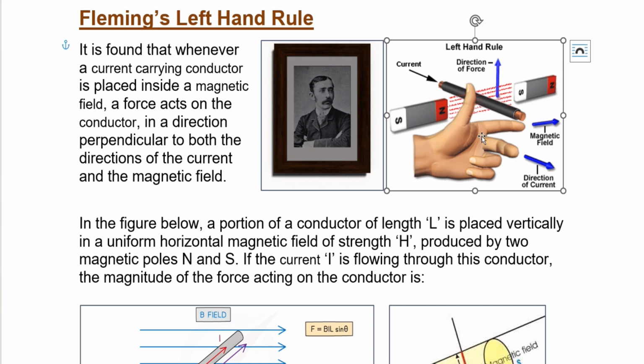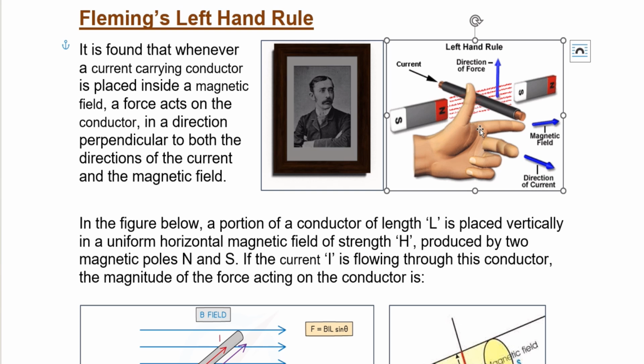Here also, this left hand rule is used to define the direction of motion of the conductor if placed in a magnetic field. If you place a current carrying conductor in the magnetic field, it experiences force, and its direction is given by the left hand rule.